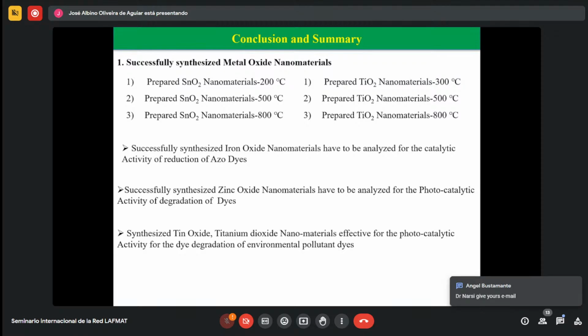I'm preparing the manuscript. Another aspect is zinc oxide nanomaterial by chemical method and green method. This is also under review, and we are making the manuscript. I hope some funding is needed for completion of the work. That's what I am requesting from Professor Albino, for these two going to publication.